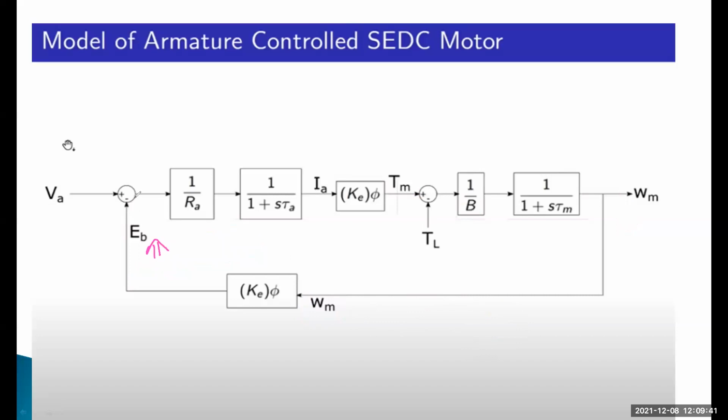This is why this armature controlled separately excited DC motor can be modeled and then simulated in MATLAB, by taking different values such as armature resistance and supply voltage.